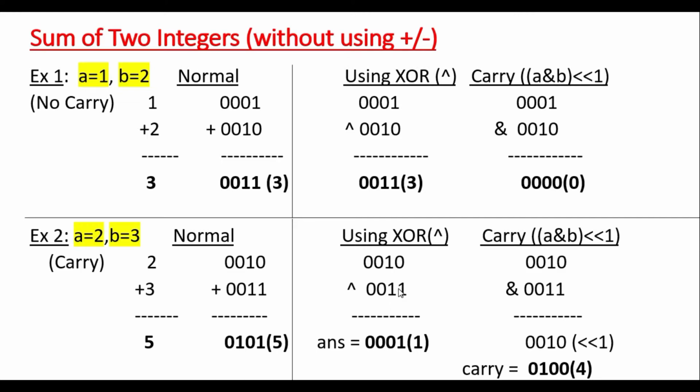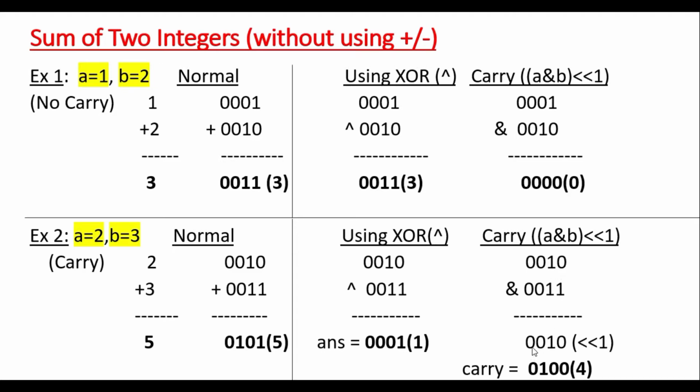So we have to calculate the carry. First do an AND operation between A and B, and do a left shift by 1 for the result. So here 0010 and 0011, the result is 0010. Because the AND output will give 1 only when both the values are 1, right?